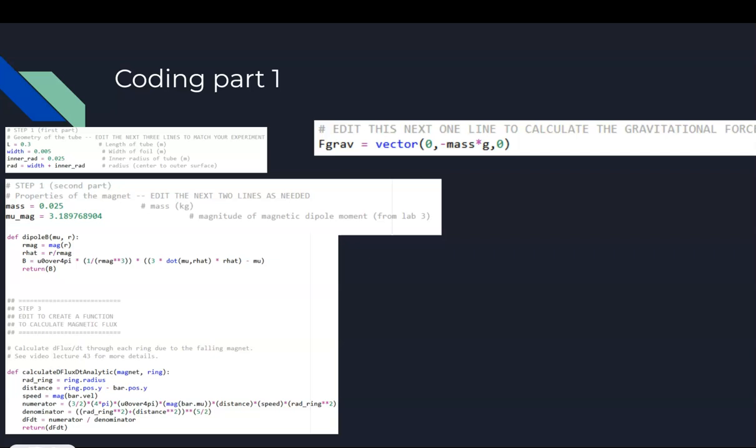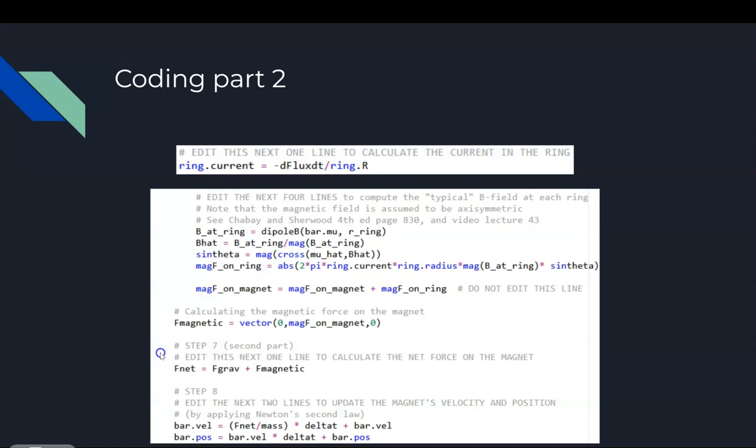Now, coding. Plugging all that data in, which is seen in the first and second screenshot here, I then calculated the dipole, and then the flux analytically throughout. Then d flux over dt, which is found down here. And then I edited the gravitational force for this vector.